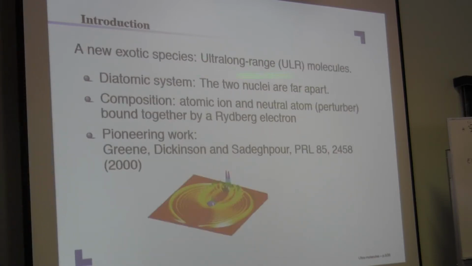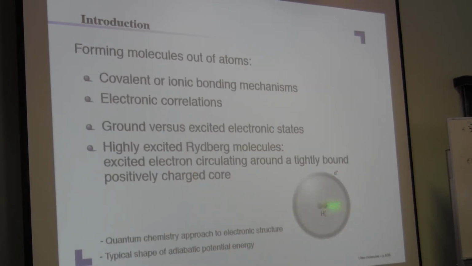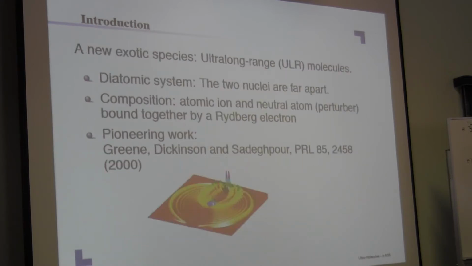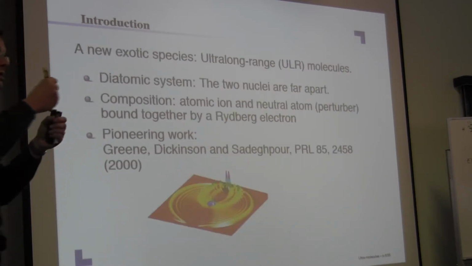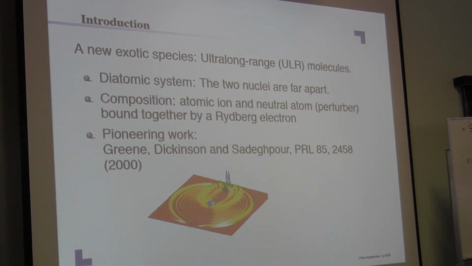And the class I'm going to be addressing here is not this one, an H2 plus core and an electron. It is an extreme other case where you bring a neutral atom into a cloud of a Rydberg atom. That means you have an extended Rydberg atom, you put in what you call a neutral perturber, a neutral ground state atom.